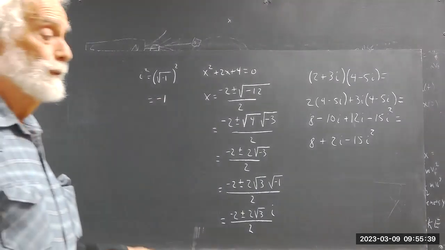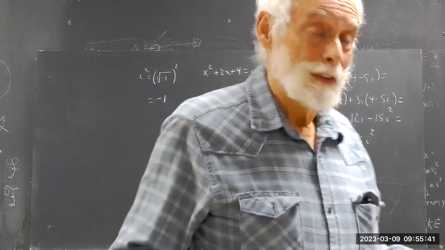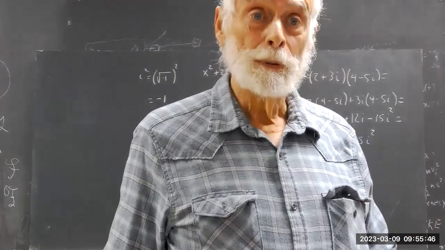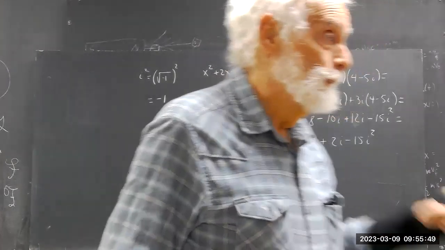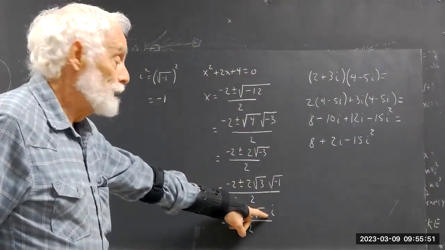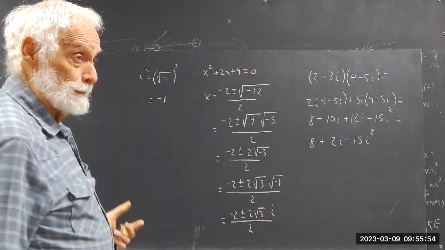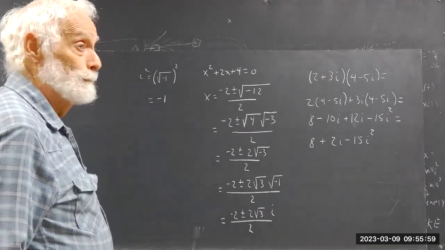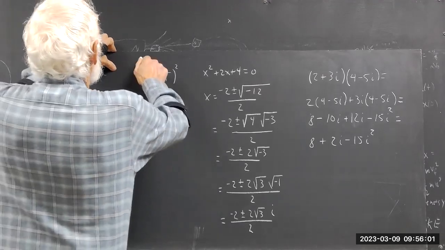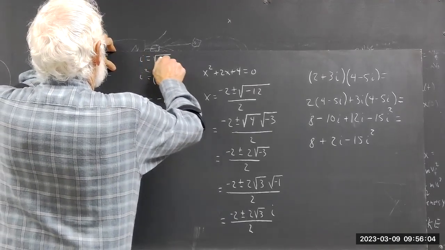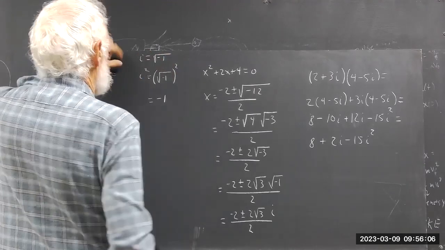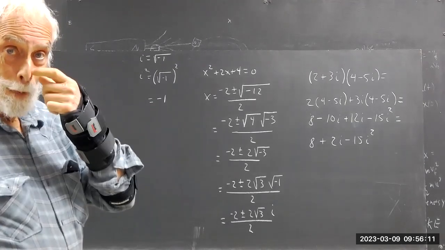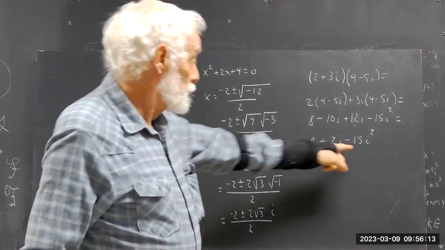Now, somebody said, well, if you square a number, you get a positive, so there's a positive number and a negative number. That's true for real numbers. But this isn't a real number, it's an imaginary number, and it's not negative. There's no negative in front of the square root of minus 1. i is the square root of minus 1, so i squared is minus 1. Now, given that i squared is minus 1, can you simplify this?